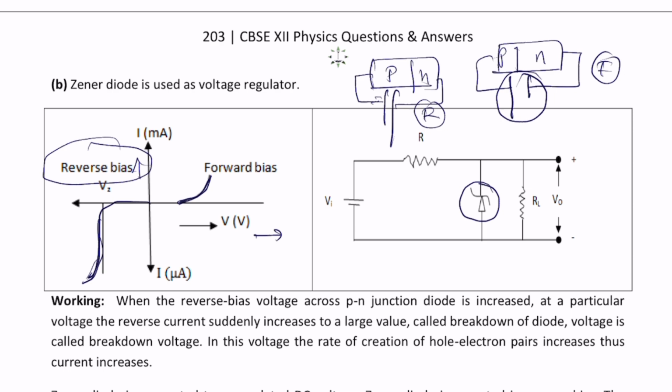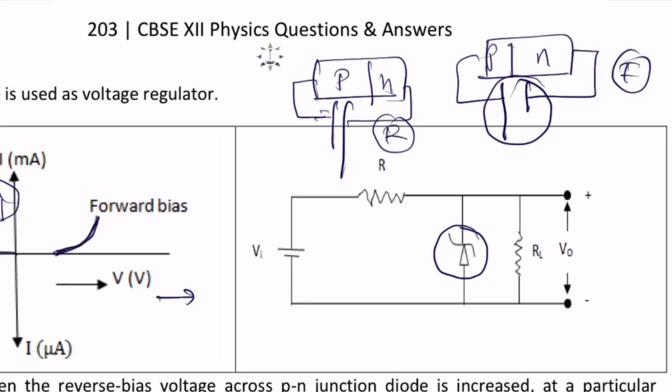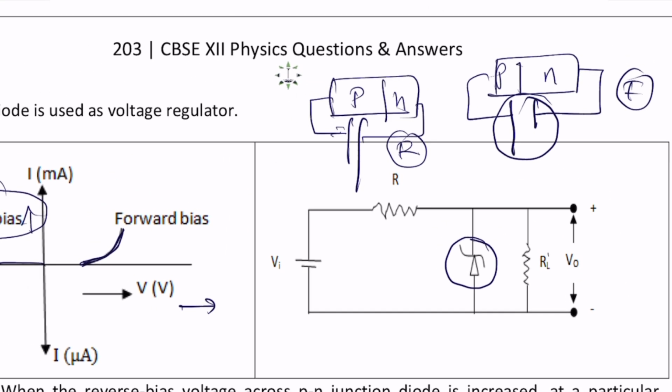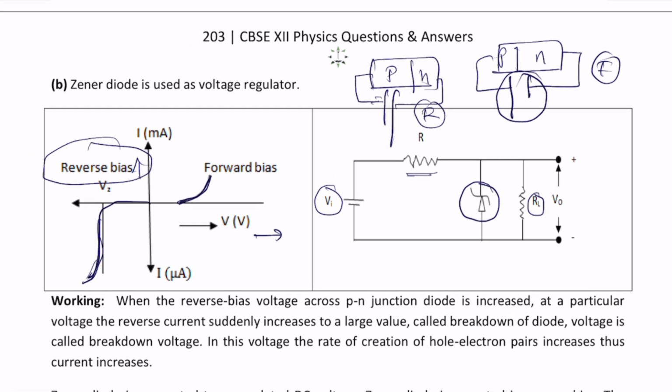So now this is the load in the circuit where we find out the output, and this is the output voltage. Okay, this is the input voltage. This is resistance in the circuit. So this clearly indicates a load is connected to the Zener diode, and to regulate this voltage we have a Zener diode.